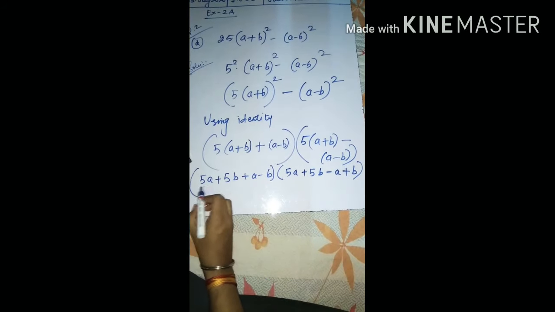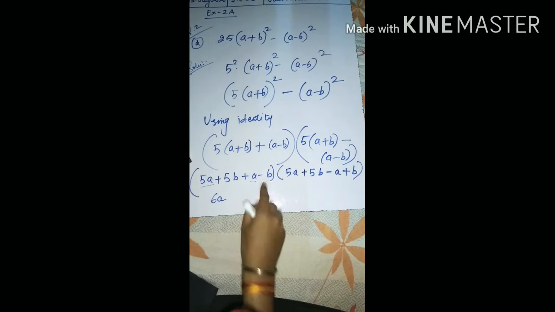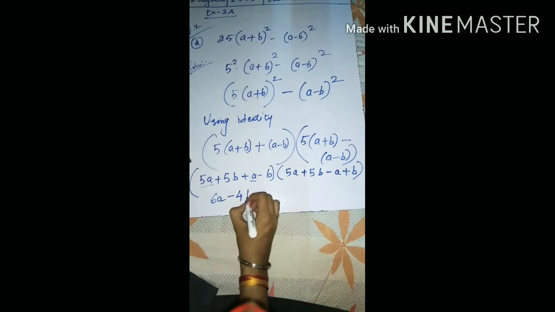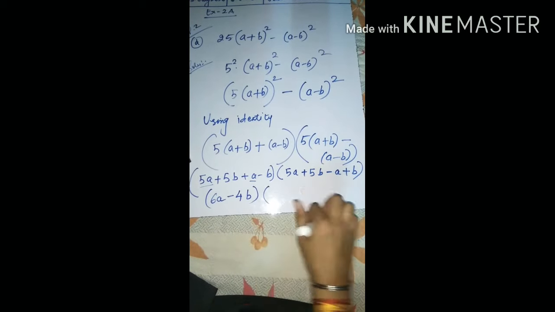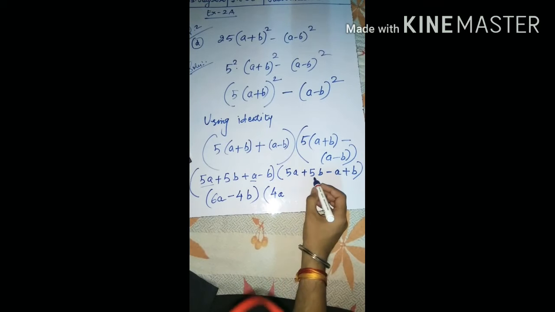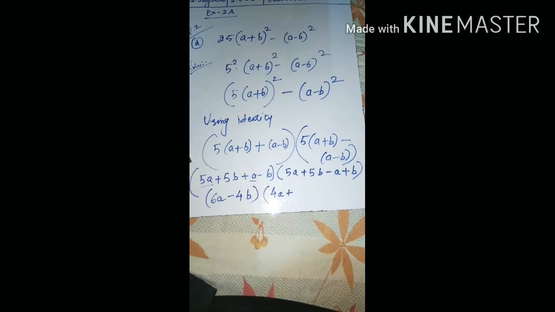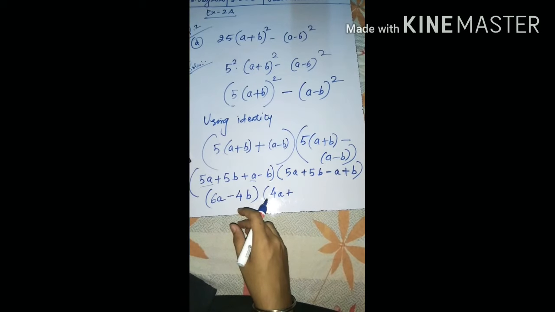Here this 5a and a will become 6a, and 5b minus b will give you 4b. Here 5a minus a will give you 4a, and this 5b plus b will give you 6b. Okay, so this is your final answer.